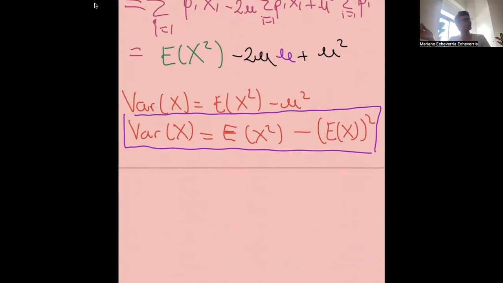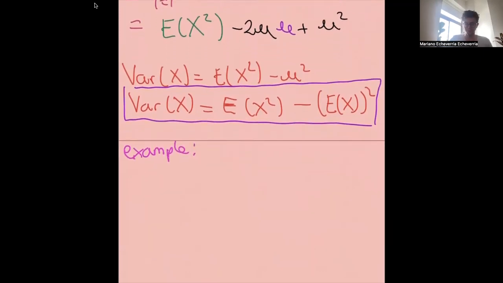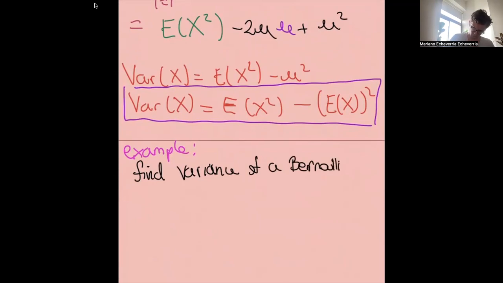Let's do an example before continuing. The easiest variance you can find is the variance for a Bernoulli random variable of parameter p.